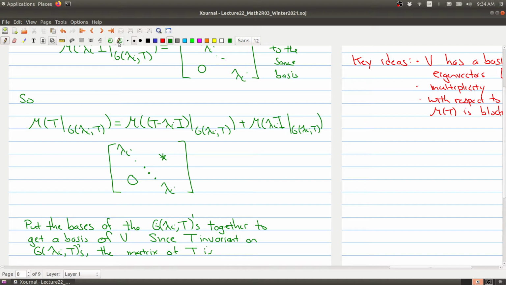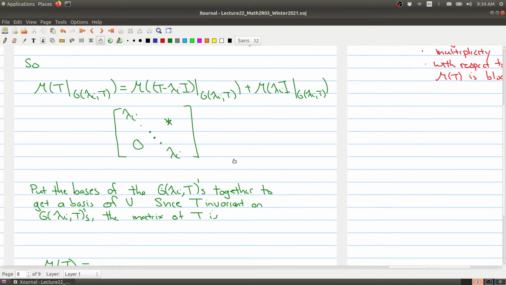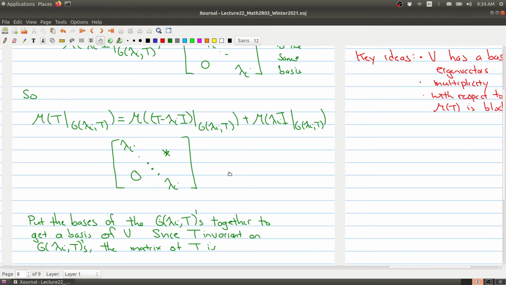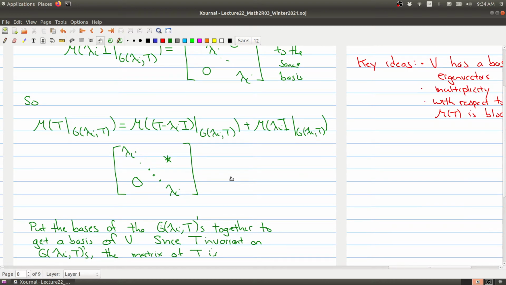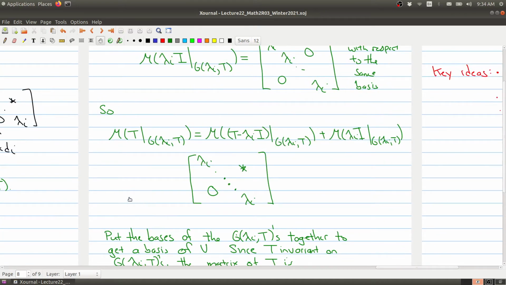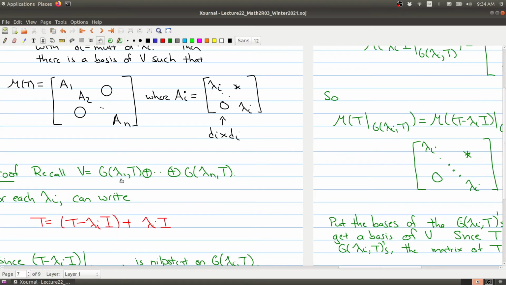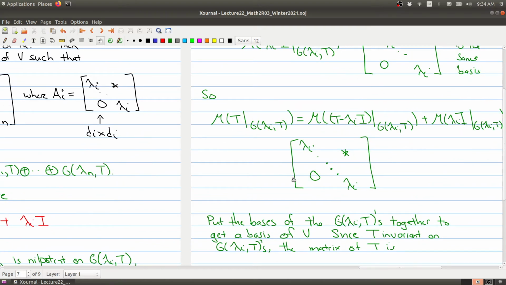Just to realize what we've done: for each of these G_i, you can find a basis so that when you restrict to G_i, this is what the associated matrix looks like.